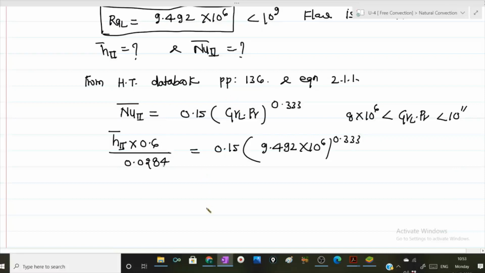So from here the value of average heat transfer coefficient in case 2 comes out 6.013 watt per meter square Kelvin.